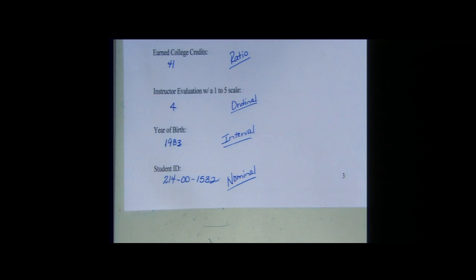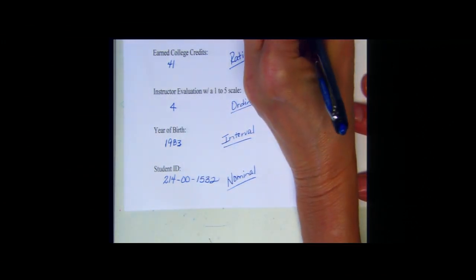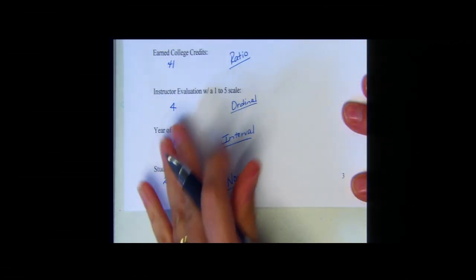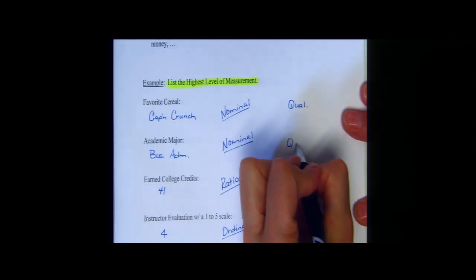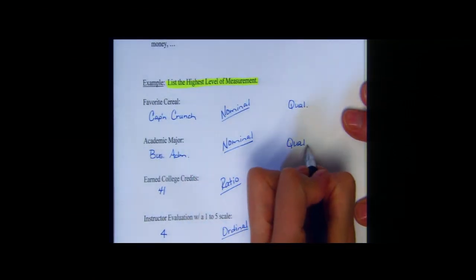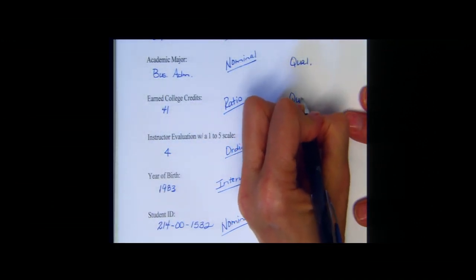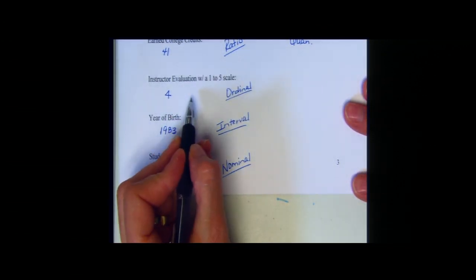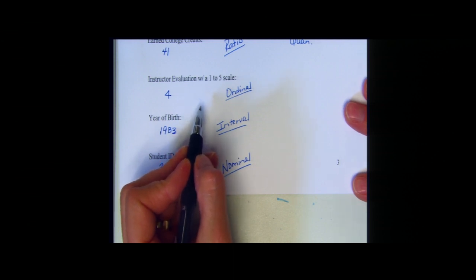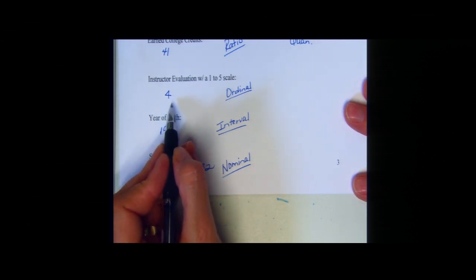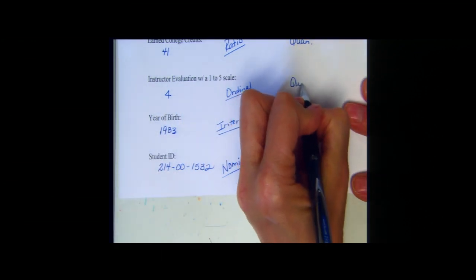So if we went back to qualitative or quantitative, those are your two different types of variables. This one would be qualitative. The second one would be qualitative. Earned college credits would be quantitative. And then instructor evaluation, you go, okay, it is a number and there is significance to that number, so this would be quantitative.